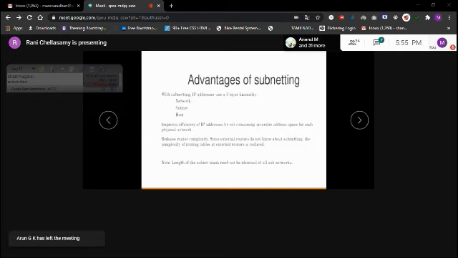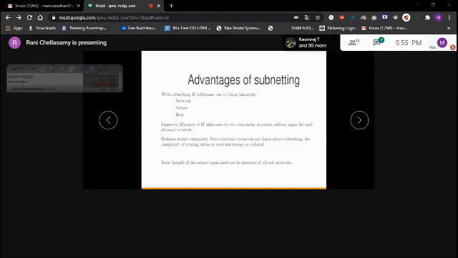So next, classless IP address. So far we have seen classful IP addresses, from class A to class E. What constitutes a classless IP address? The process of giving the classless IP address is called CIDR, which stands for Classless Inter-Domain Routing.